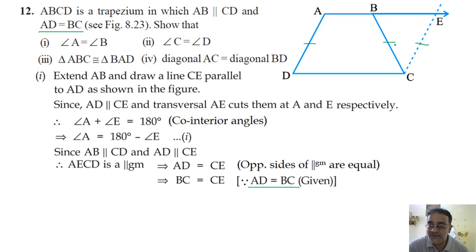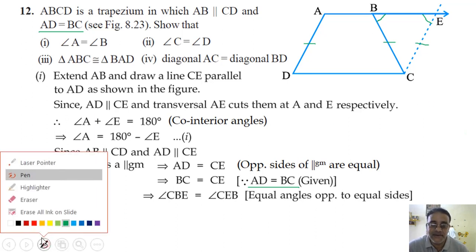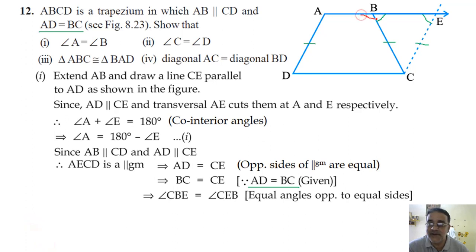Now, if these two sides are equal, then these two angles are equal. Why? Angles opposite to equal sides are equal. Very good. Clear? Now in the next step, what is the sum of these two angles? 180 degrees.